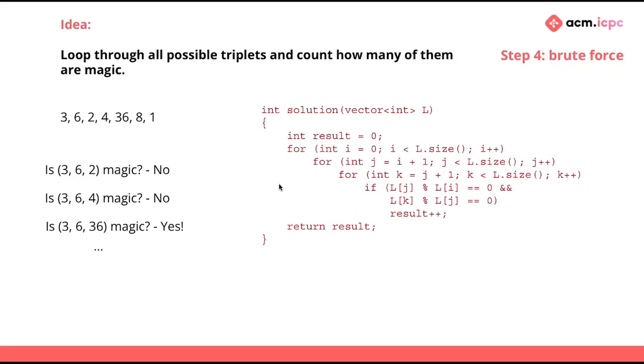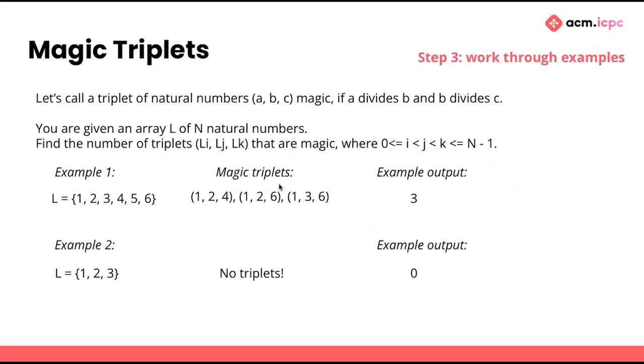So the easiest approach that you can take is to check every single triplet. And that's probably what we did when we stepped through the first example. We checked 1, 2, 3. No, it's not right. 1, 2, 4. Oh, it's a magic triple. Then we at least have 1, and so on and so forth.